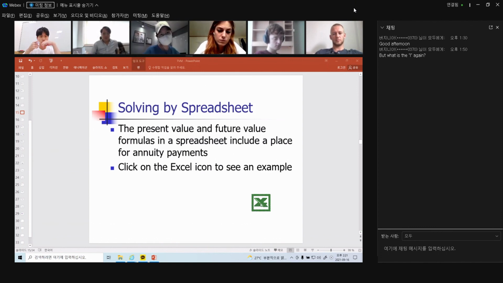Let's take a look at solving the spreadsheet example. I will stop if the network is lagging.